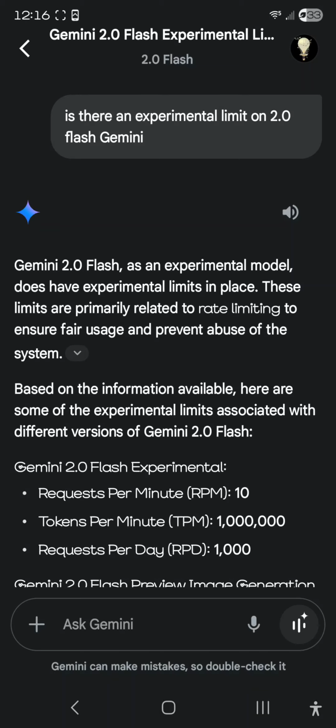So I hesitated for a little while, and then I thought, let me try the 2.0 Flash, not Pro, experimental. It's all experimental, but... And then I asked it this question, is there an experimental limit on the 2.0 Flash?